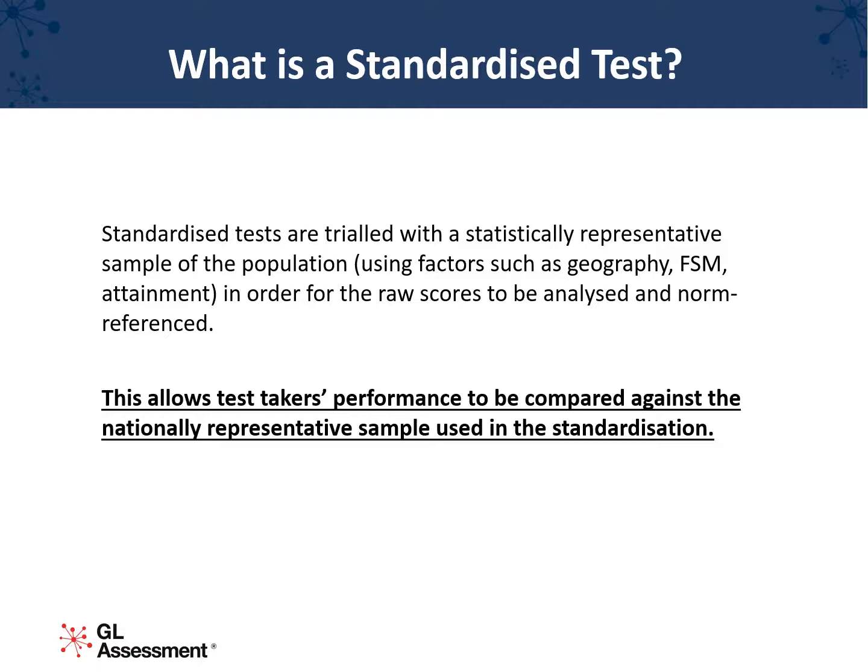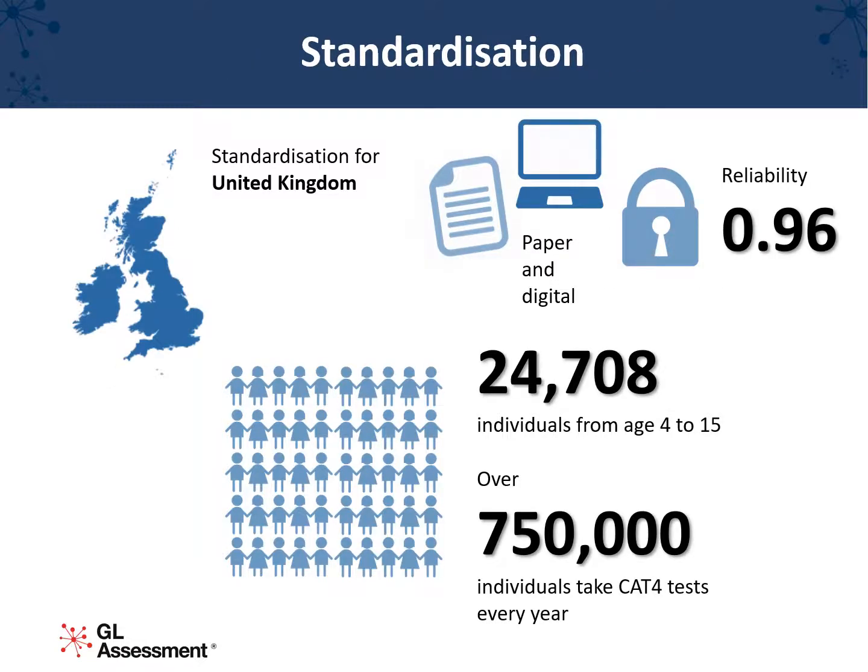It's vital that we share an understanding of what standardised tests are. A standardised test has been trialled with a statistically representative sample of the population in order to create norms for that sample. In this case, the CAT4 is trialled with almost 25,000 UK school children from all types of schools to create a model of UK education.